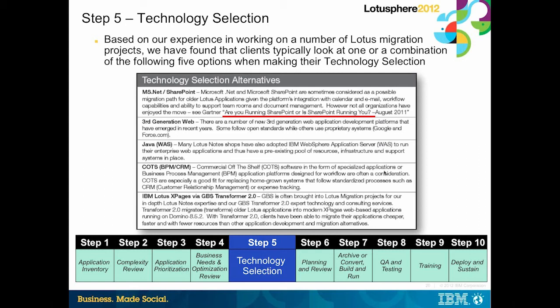There's COTS, which is commercial off-the-shelf software, so there's additional things that are out there. There's open source applications that are available, specifically Damien Katz and CouchDB. The NoSQL-based databases, which Notes and Domino was kind of the first player in that particular field. And then IBM XPages via GBS Transformer, or just XPages.